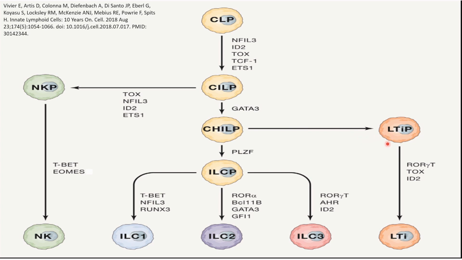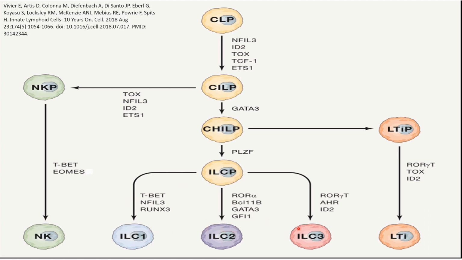This one will give rise to lymphoid tissue inducer, and the other one, the innate lymphoid common progenitor, will give rise to the three types of innate lymphoid cells, 1, 2, and 3.